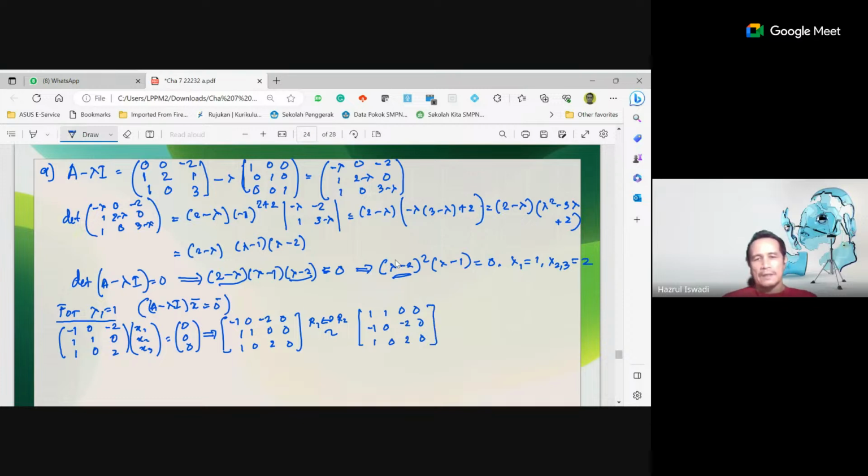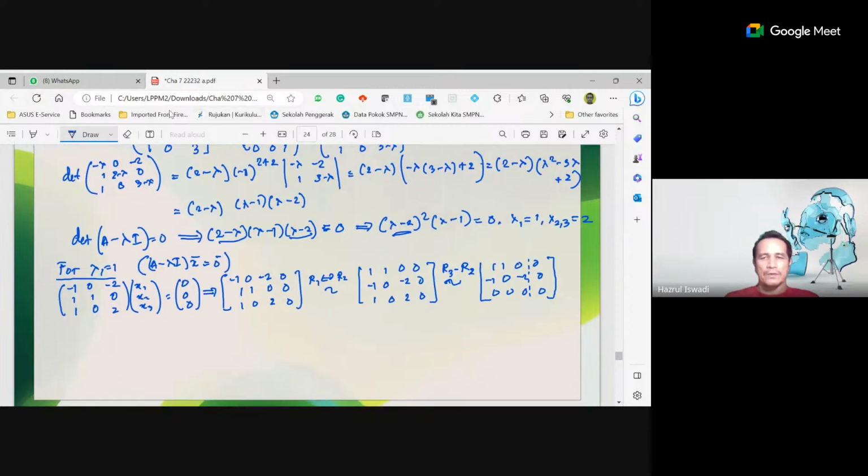Row 1 and row 3 are the same equation, and if we subtract them, row 3 becomes 0. Then we add row 2 to row 1.